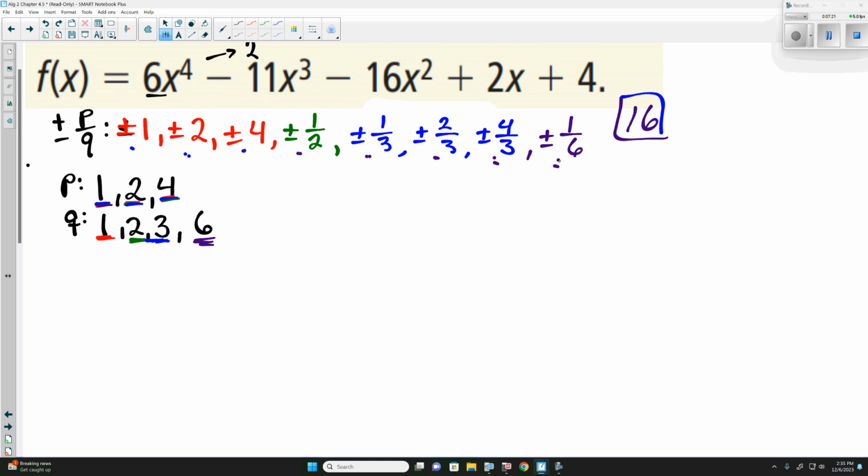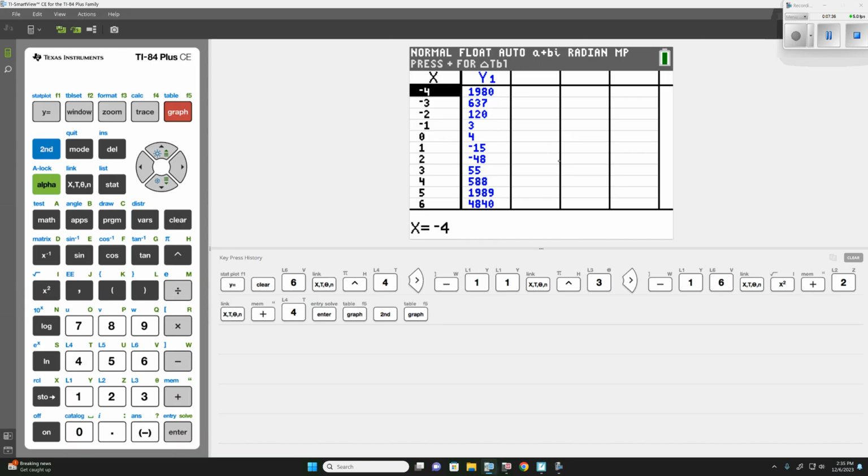Now, that's not all the solutions because we have irrational and our imaginary, our complex answers. But if this has rational solutions, it is listed here. Now, as we already saw, positive or negative 1, positive or negative 2, positive or negative 4, do any of those values give us a y value of 0?